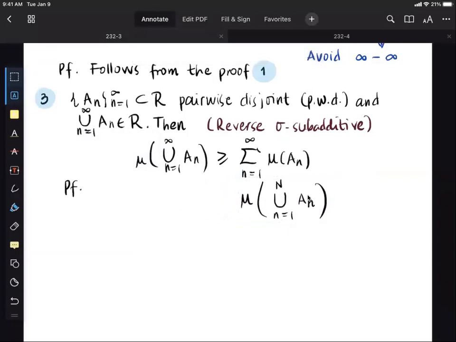Now, since mu is additive, the content is additive, therefore the content of a finite union is the sum of the contents. So we have here the summation, the content mu A_n, n from 1 to capital N.